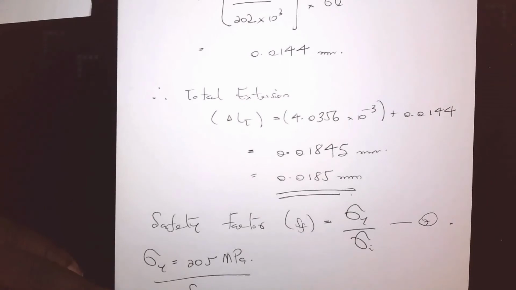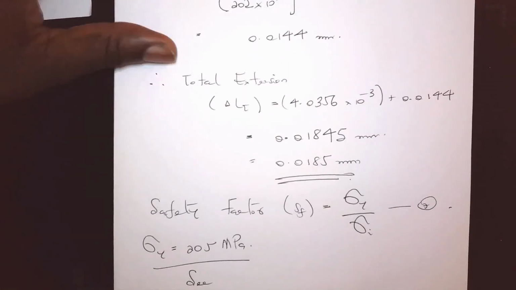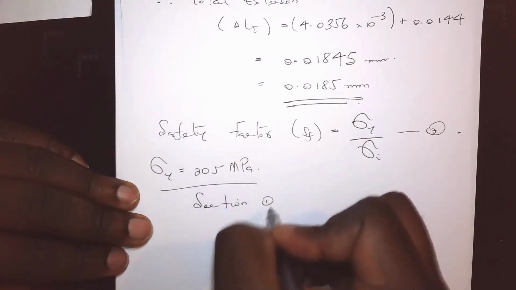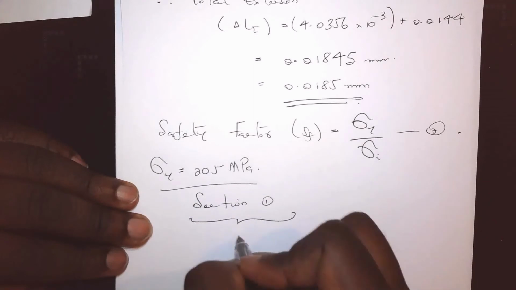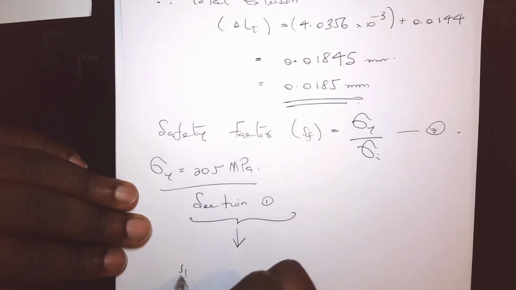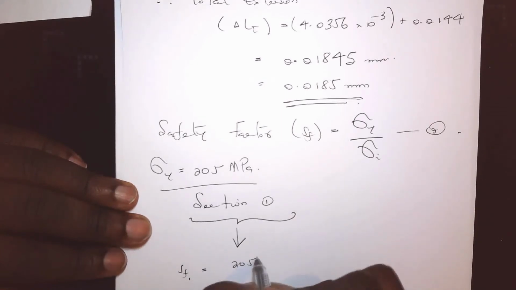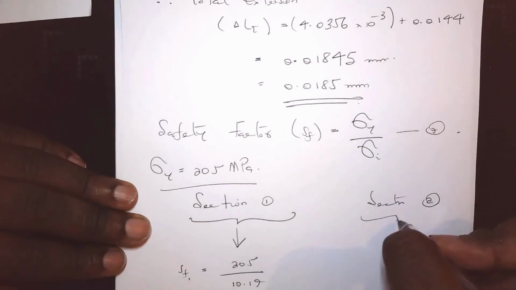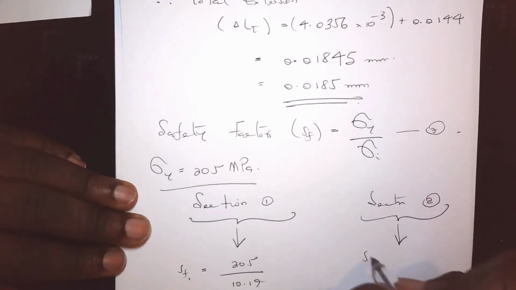So for section 1, the safety factor is equal to 205 divided by 10.19, and for section 2, the safety factor with respect to section 2 will be equal to 205 divided by 48.52.